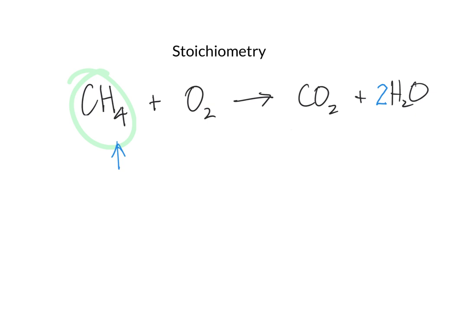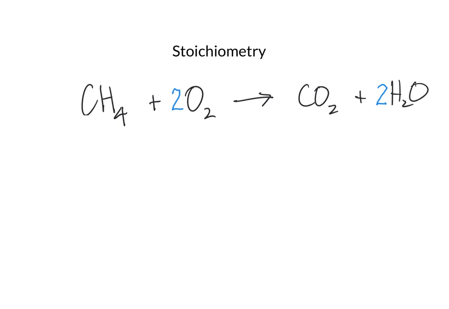I already had just 1 carbon on both sides. But now I have 2 oxygens on this side, but I have 4 on this side. So to get that to balance, I need to put a 2 in front of this. So now I have 4 oxygens on both sides, and everything is balanced to this point.